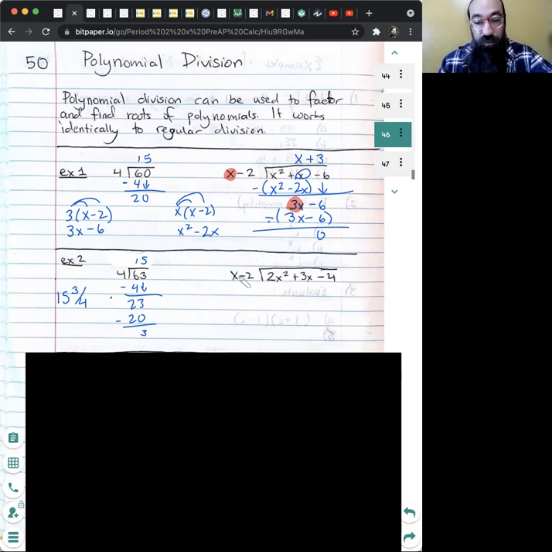So again, we're going to say, all right, what times x gives us, and look, we got a number here this time, gives us 2x squared. All right, what times x gives us 2x squared? Well, yep, it gives us 2x, right? 2x times x gives us 2x squared. So we're going to write a 2x here.